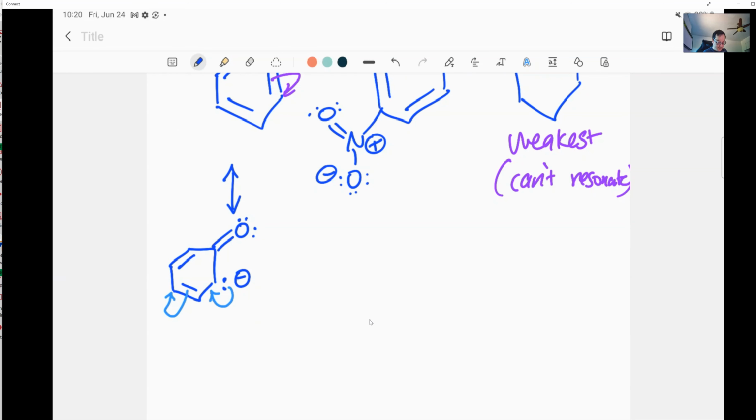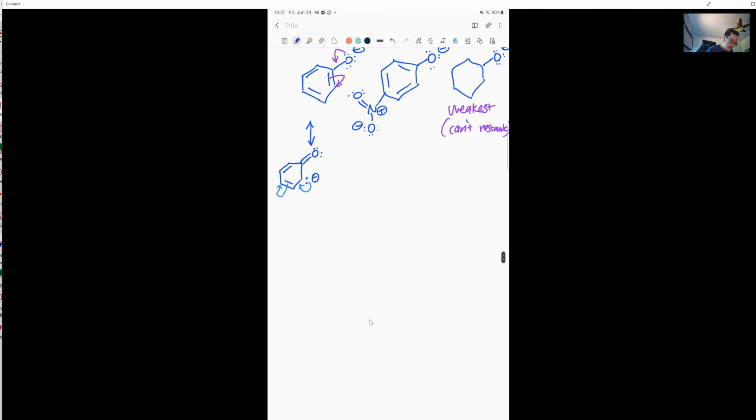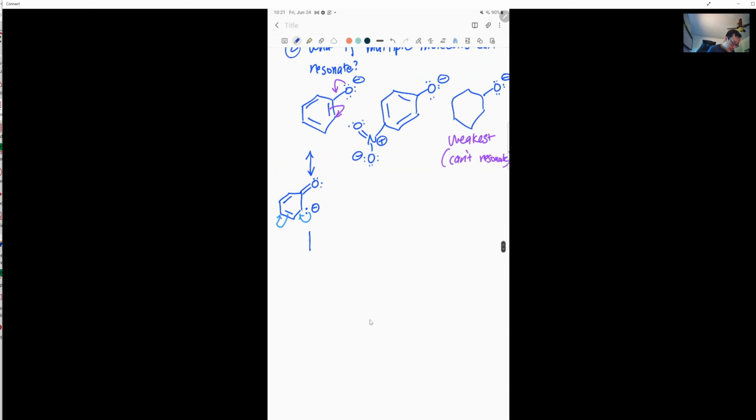Here, I'm going to flip the tablet here so we can kind of see all of them at once. There we go. And I'm not going to draw the third resonance form because it's the same as that middle one, but it's just on the opposite side.